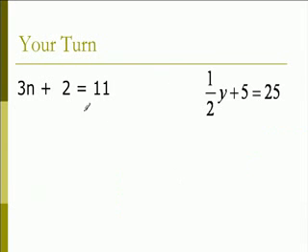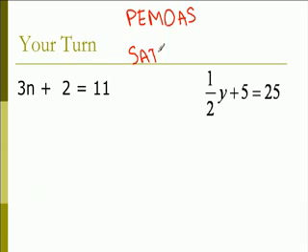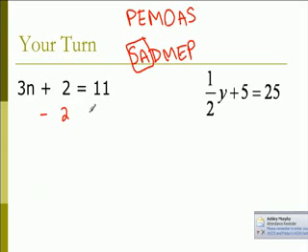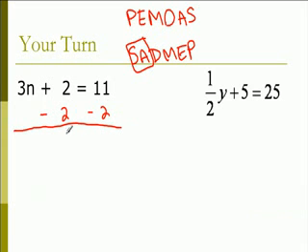Now that you're back, let's review these problems. Remember, in equations, you need to do the backwards order of operations. So it's really going to be SADMEP. So we need to do addition and subtraction first. So let's get rid of this 2. Our 2's cancel out.